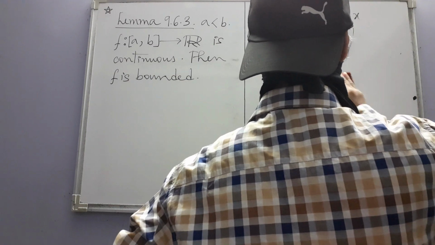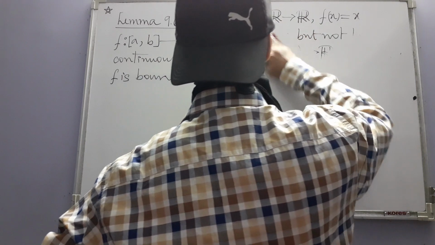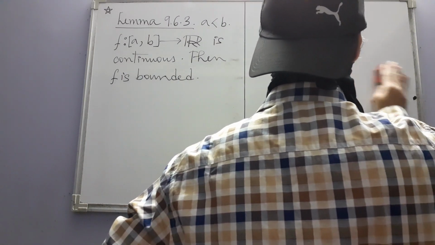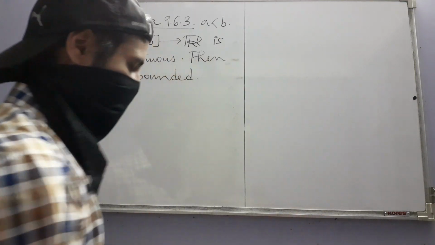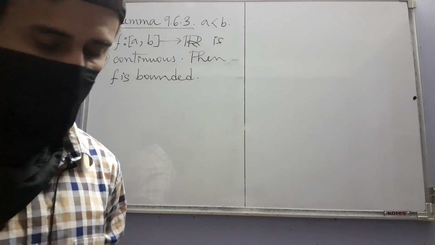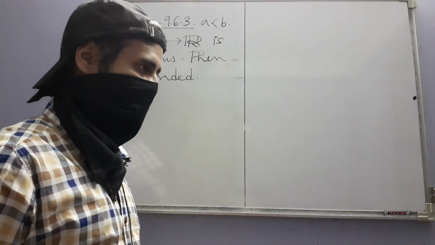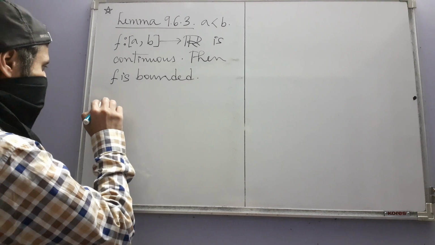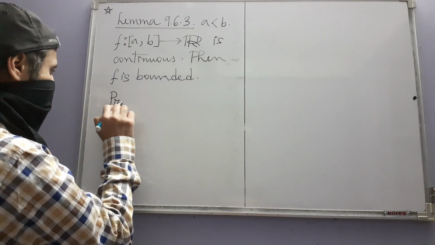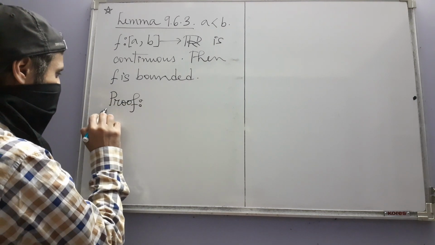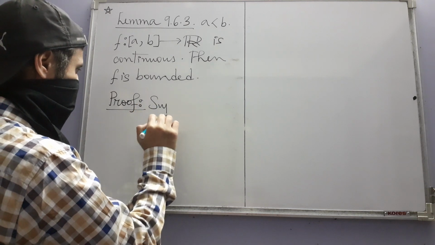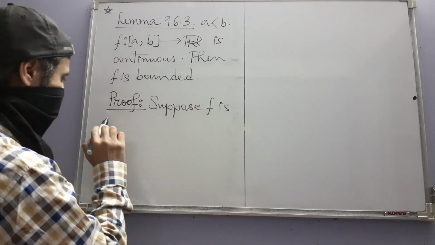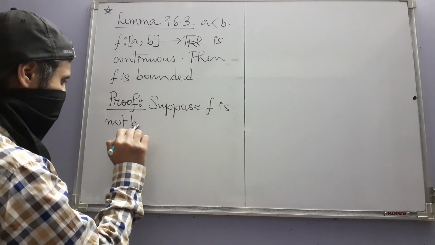The proof is not a direct proof, it's by contradiction. So right off the bat, we are going to suppose that f is not bounded.